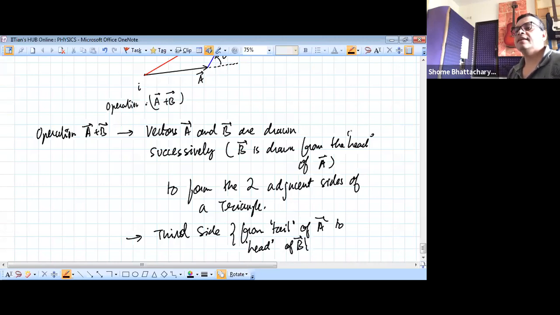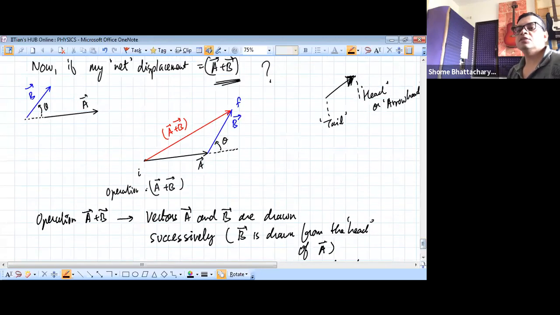So back in the diagram, this third side is from where to where? It is from the tail of vector A to the head of vector B. This point here is the tail of this vector A, and this point here is the head of this vector B. So where is my third side? It is from the tail of A to the head of B.